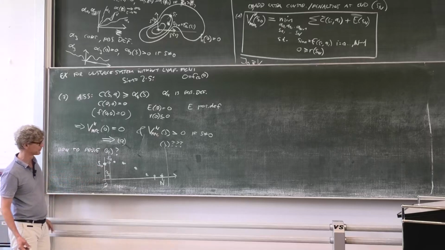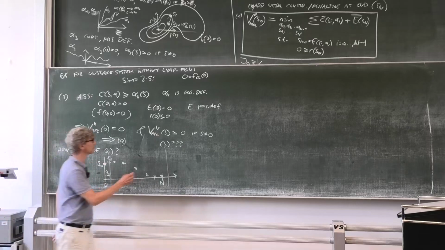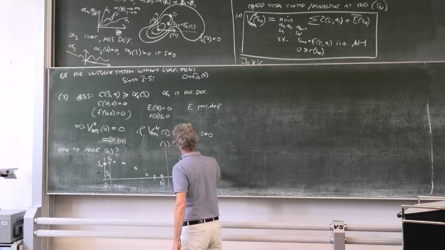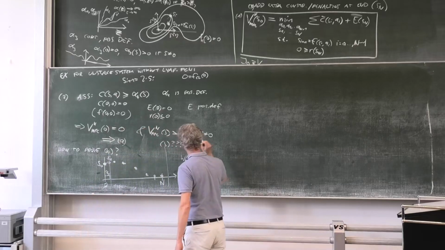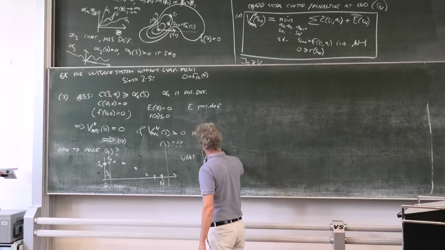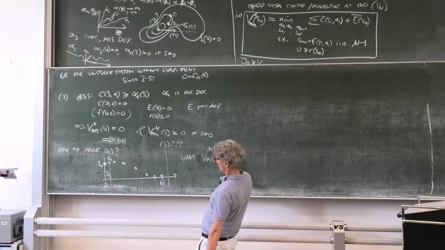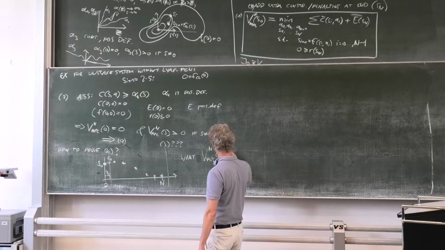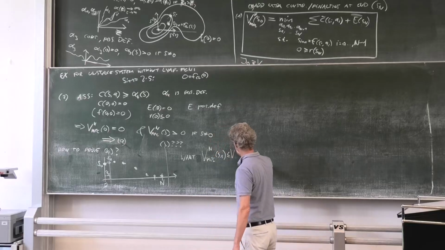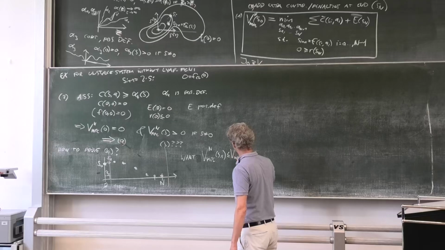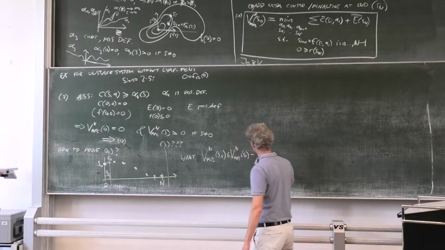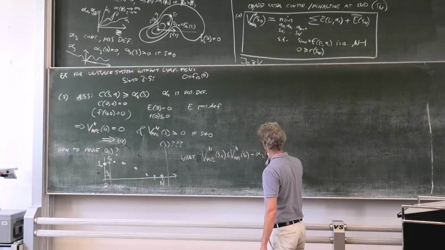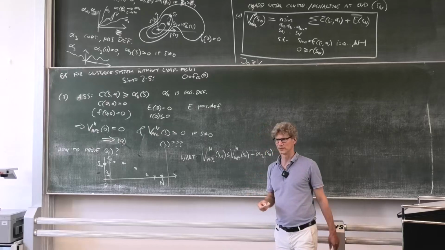So what we want is that this is somehow smaller. Let me just say it in words, so to say. What we want is that Vn MPC of S1 is smaller or equal to Vn MPC of S0 minus some function alpha 3 of S0, right? That's what we need to show.